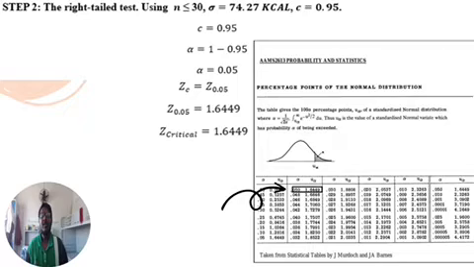So in this case, we will be subtracting 0.95 from 1 to get a significance level of 0.05. Then later, we will be searching the 0.05 in the probability and statistic table to find the percentage point of the normal distribution. As I show in the arrow and the box, you can see that 0.05 is equal to the z value of 1.6449. Therefore, the z critical value will be 1.6449.